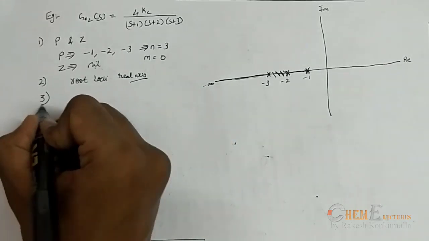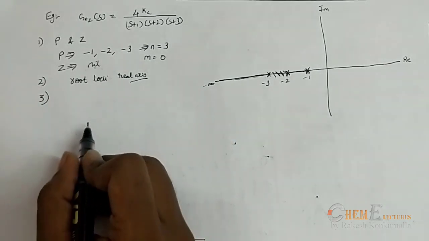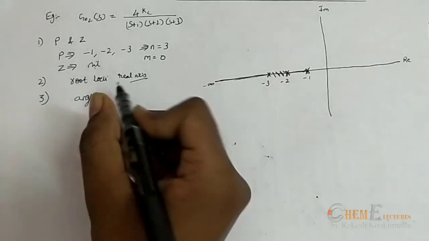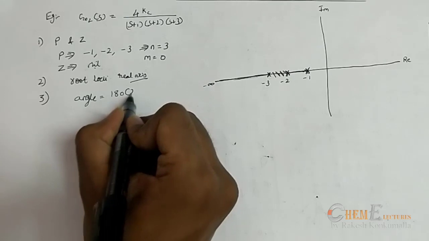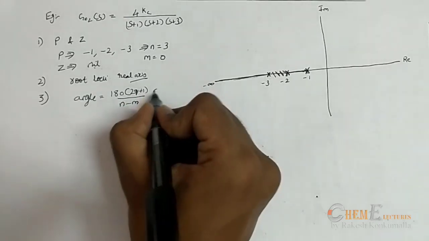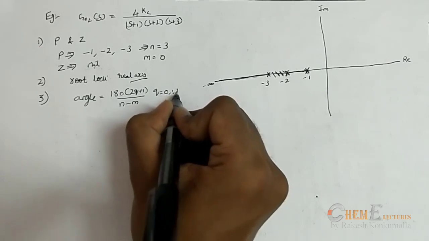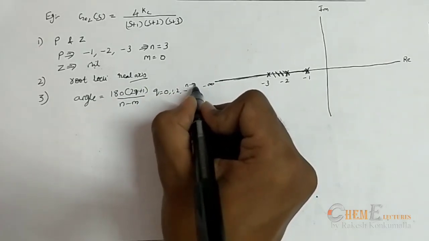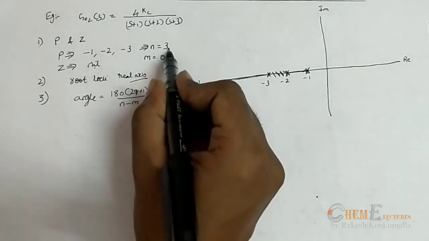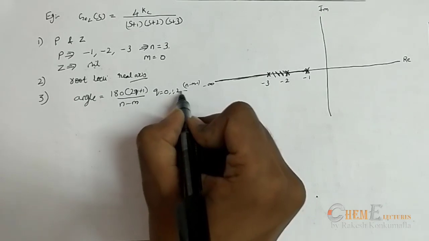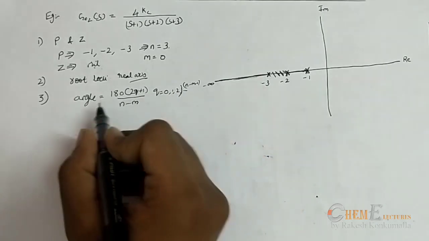Coming to step 3, I need to find the asymptotic angle, which I have told you is 180 times (2q plus 1) by (n minus m), where q ranges from 0, 1, 2, and so on up to n minus m minus 1. Here n is 3 and m is 0, so n minus m minus 1 is equal to 2. So q ranges from 0 to 2.